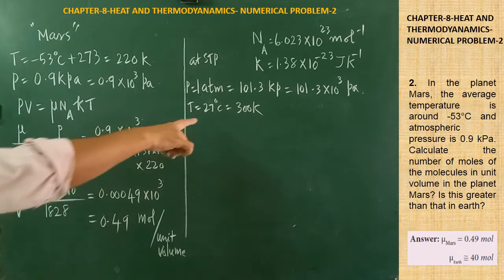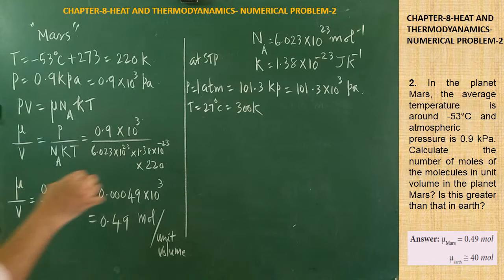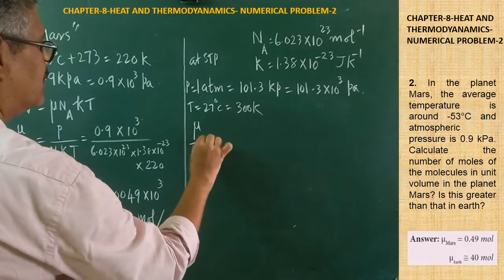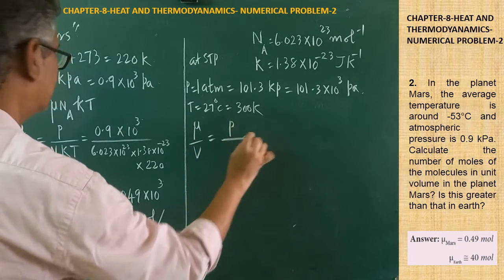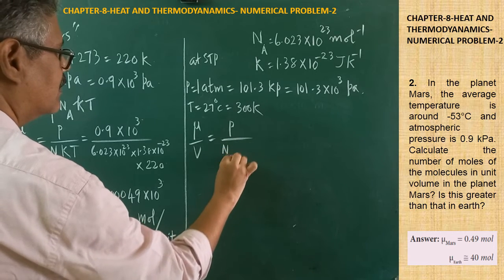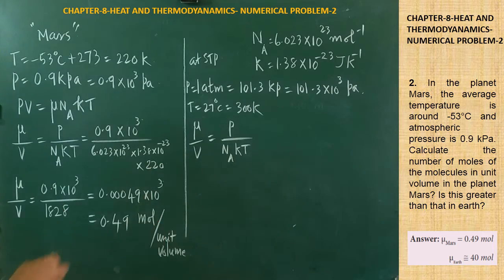Only if you take this value will you get the textbook answer. That's why I have taken it. Use the same formula: mu by V is equal to P divided by NA kT, the same formula used for Earth.